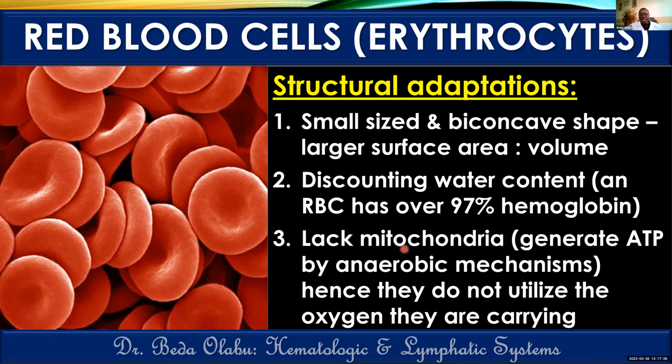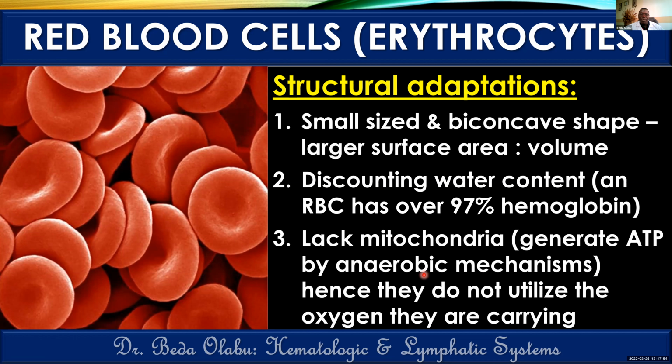Red blood cells also lack organelles such as mitochondria. Remember, mitochondria usually generate energy in the form of ATP. Now, if it lacks mitochondria, then it means that it will not be utilizing the oxygen that it is carrying.